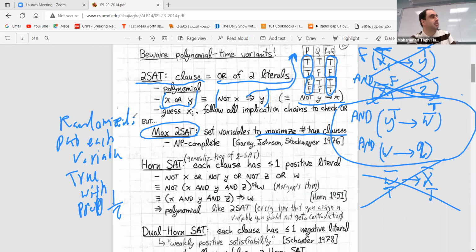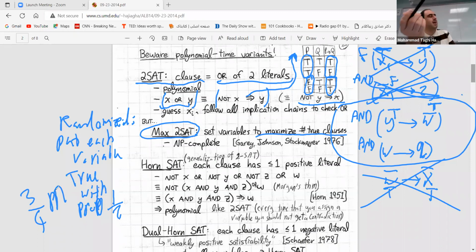Let's say it's two-sat even. Each clause has a 3/4 probability that it becomes true. It becomes false only if both literals are false. So this algorithm satisfies 3/4 of the m clauses in expectation.